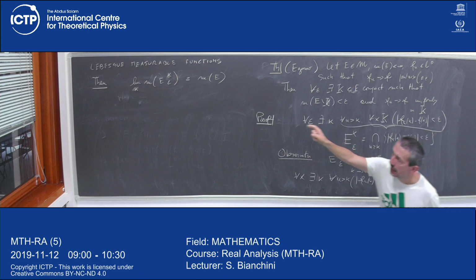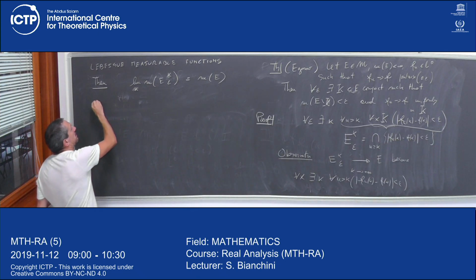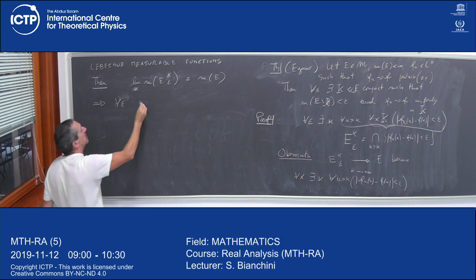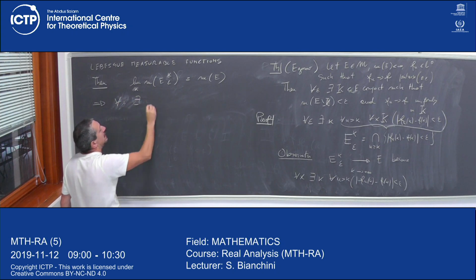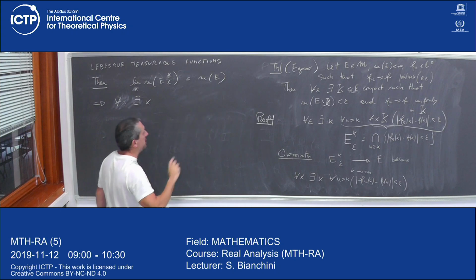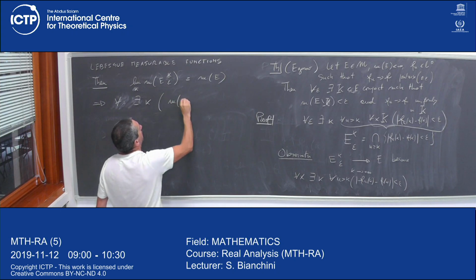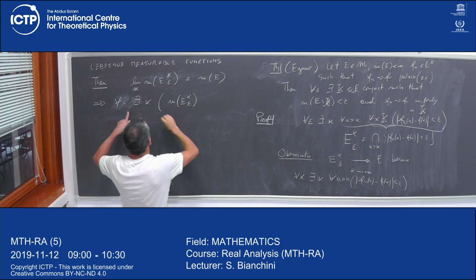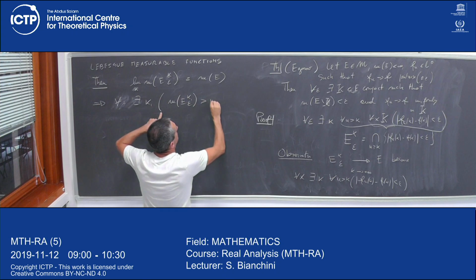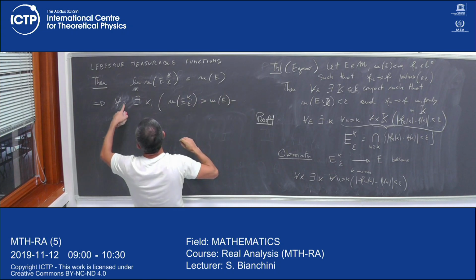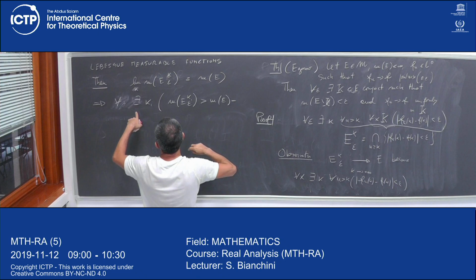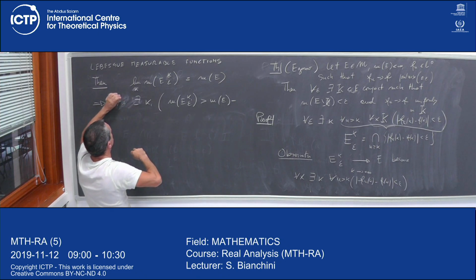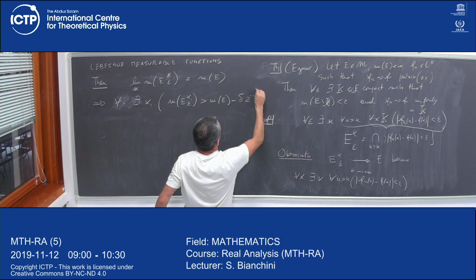So this implies, for all epsilon, that for all i there exists a k_i such that the measure of E_{k_i}^epsilon is larger than the measure of E minus delta 2 to the minus i.